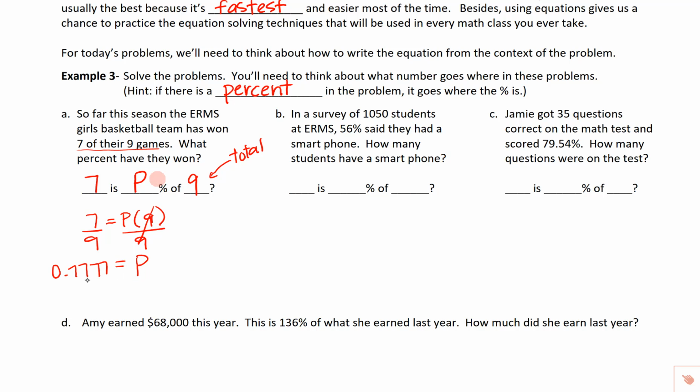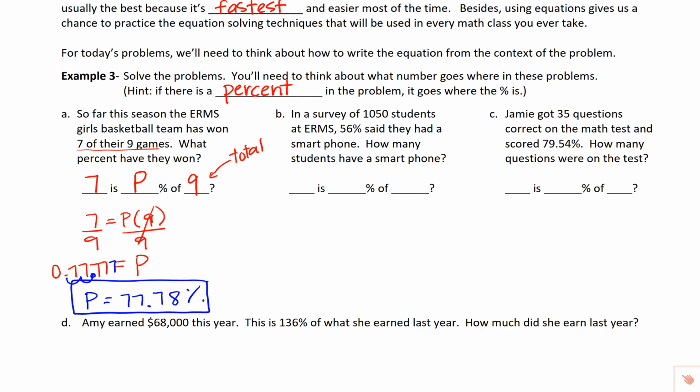This is a decimal right now. To change it to a percent, you multiply by 100, move the decimal over twice. So the percent is 77.78 because it kept going sevens and we're rounding to the nearest hundredth. So here is the percentage of their wins.